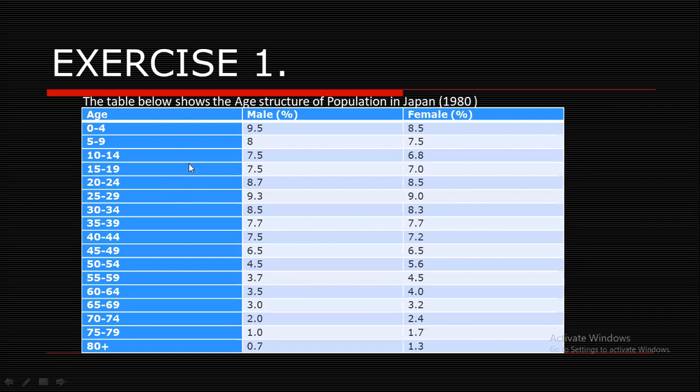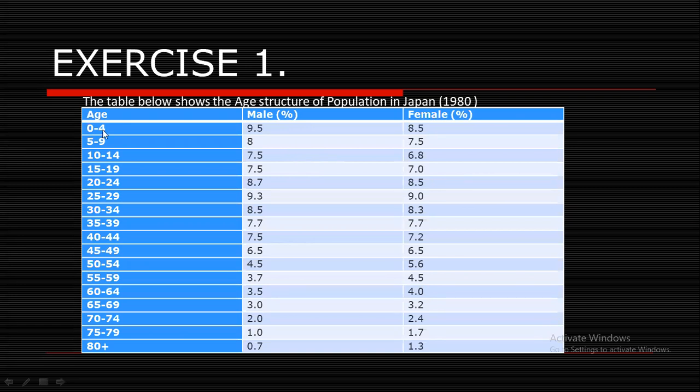Now, these are the figures that we are given. On this side, we are given ages, and here they are giving us male and female. We are saying that the male, usually on a population pyramid, are represented on the left-hand side, and the female are represented on the right-hand side. It is something that is known by everyone who reads a population pyramid.